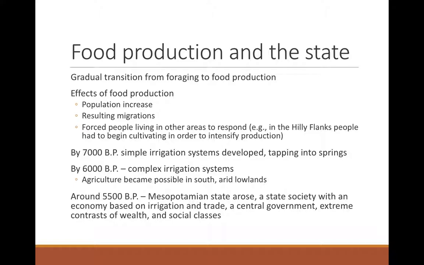One other effect then of food production, and it's mediated through these increasing group sizes, is this transition to state level socio-political systems. And so we don't see food production emerge overnight. It's a gradual process whereby first you're foraging and you start to dabble in utilizing plants that perhaps are predisposed to being domesticated.